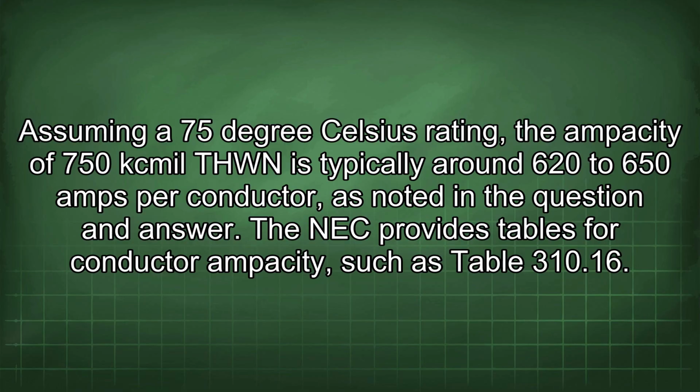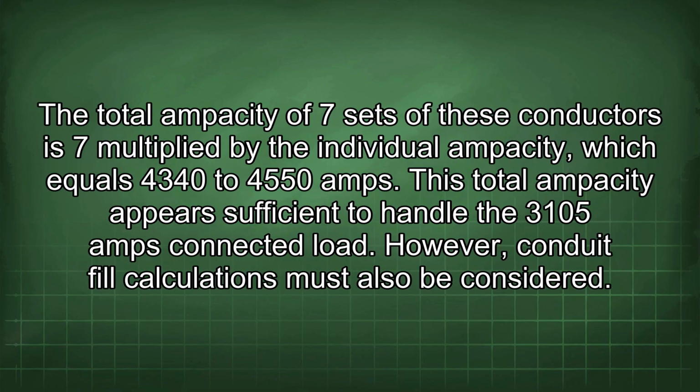The NEC provides tables for conductor ampacity, such as Table 310.16. The total ampacity of 7 sets of these conductors is 7 multiplied by the individual ampacity, which equals 4340 to 4550 amps. This total ampacity appears sufficient to handle the 3105 amps connected load.